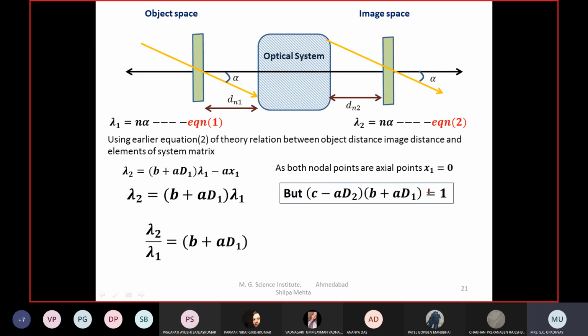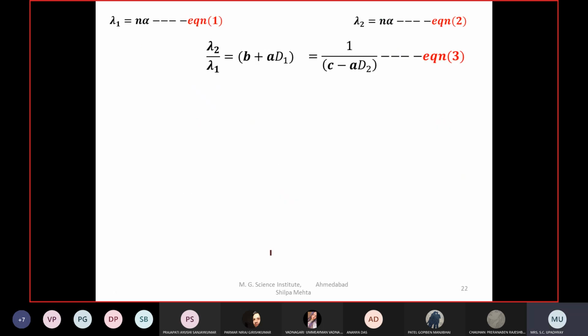We derived this equation in the last lecture. So using this equation, b plus ad1 can also be represented as 1 upon c minus ad2. So lambda 2 upon lambda 1 is equal to b plus ad1 is equal to 1 upon c minus ad2. With this equation we are now going to find the position of the nodal plane.